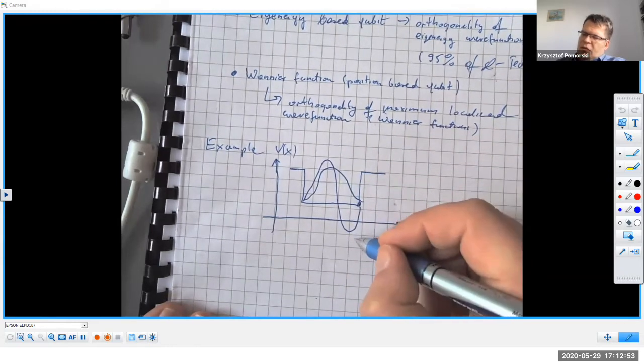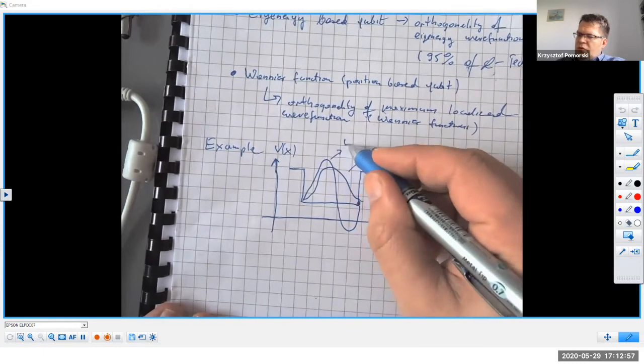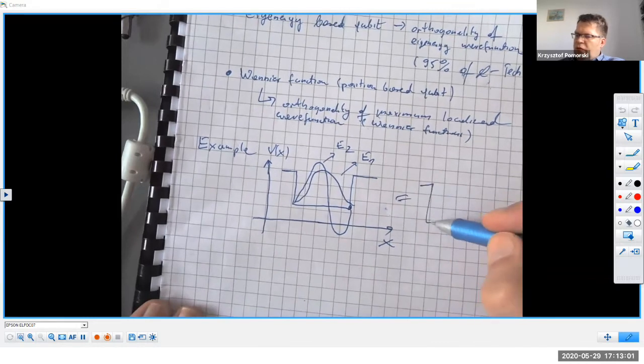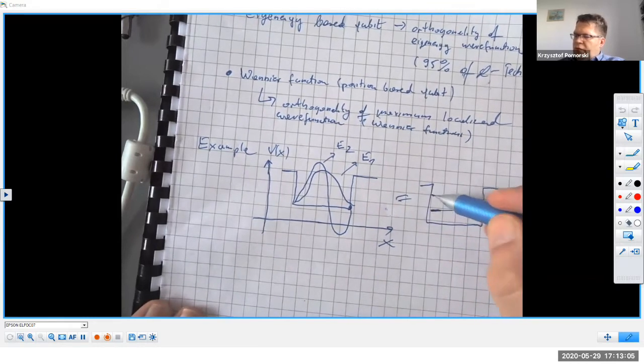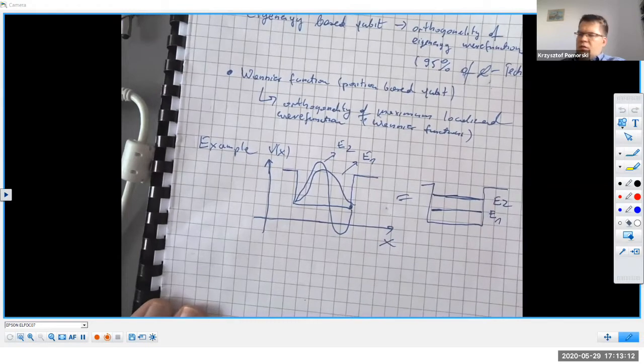This corresponds to E1, and this corresponds to E2. So we have a situation where we have certain energy levels, and we are exploiting this difference between energy levels.